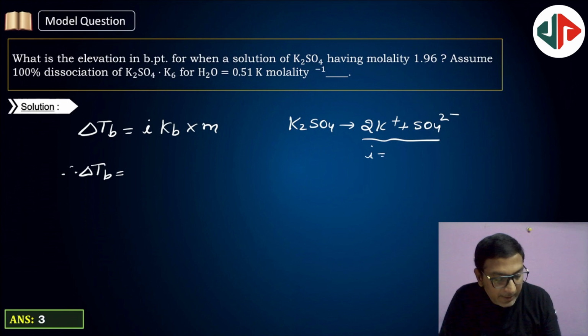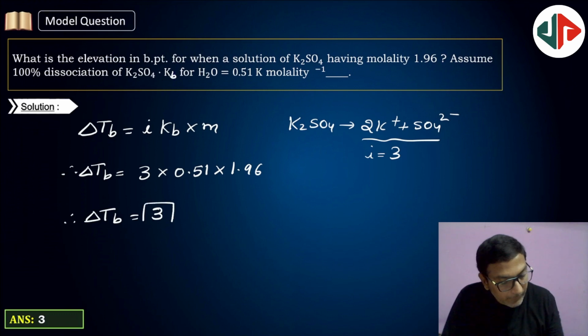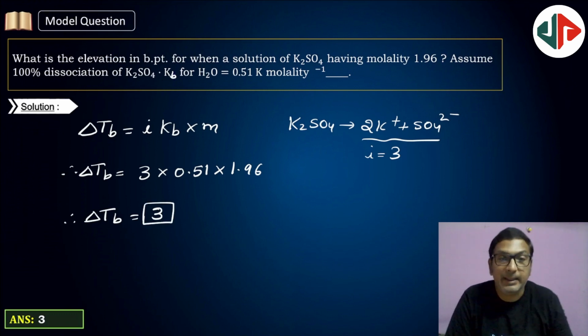Therefore here i value equal to 3 particles. So i value 3 and Kb, molal elevation constant, 0.51, into molality 1.96. Therefore delta Tb equal to 3. So answer is 3.